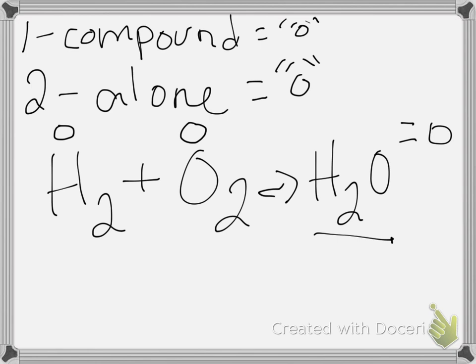So here we go. Here's your next set of rules. Tier 1 was rules 1 and 2. Here's your second tier, where you follow these only after you follow number 1 and number 2. So your biggest rules here are number 3. Oxygen is always going to be minus 2, even though there's an exception to that, but we're not going to go through that exception right now.